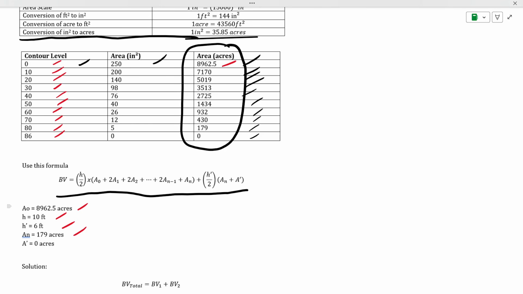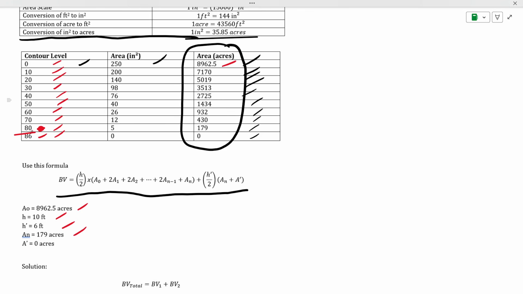Why? Let's look for the final contour level before the thickness changes, and that final contour level is at 80. After that, the thickness becomes 6, right? So this will be the A sub n.